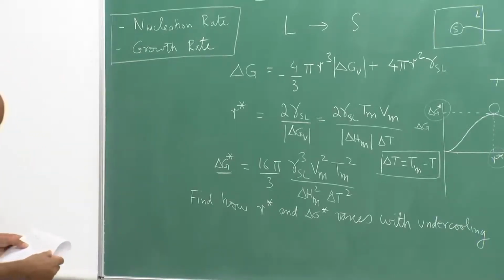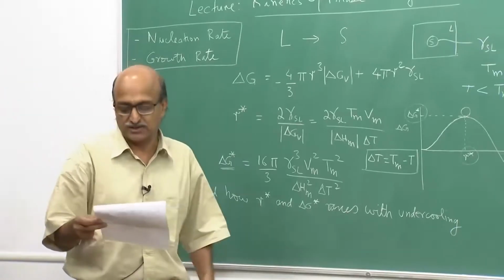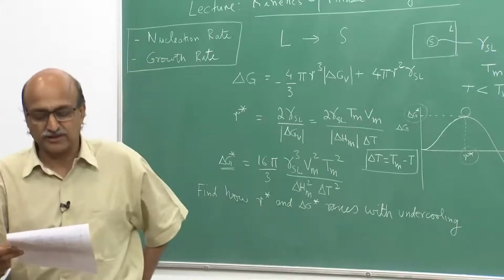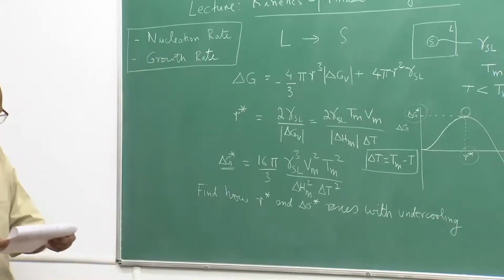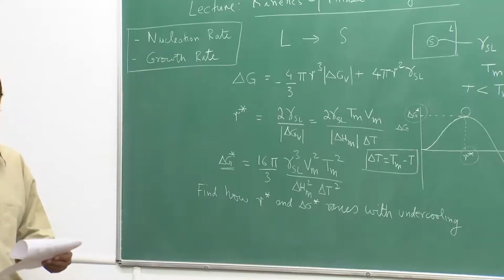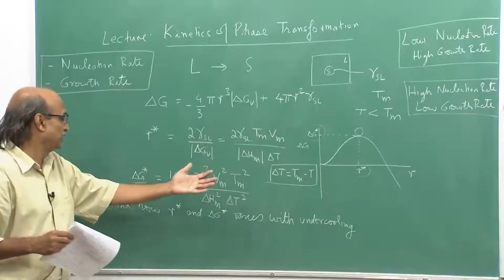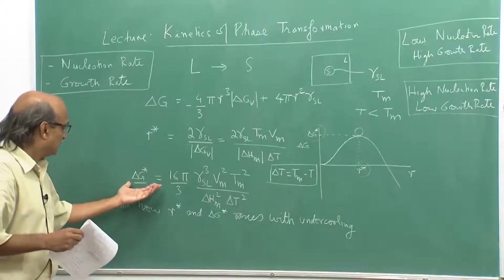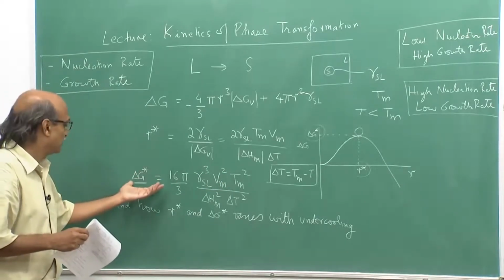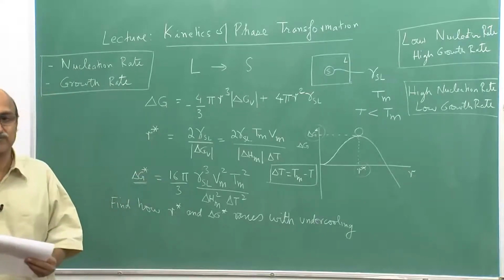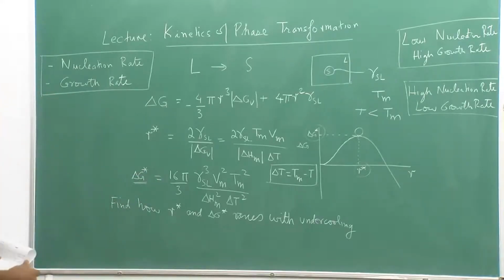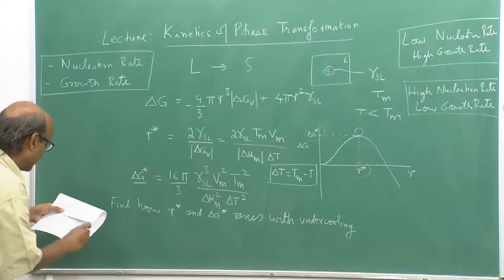This particular problem has been dealt with by Professor Mandal in an earlier lecture, where you were shown how to determine for a given undercooling the critical size of the nucleus and the critical free energy. So, let me just write down the data again.